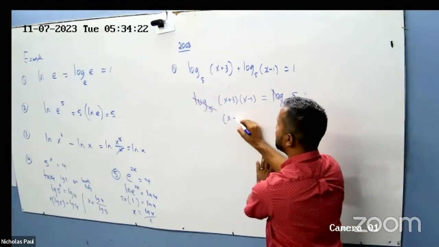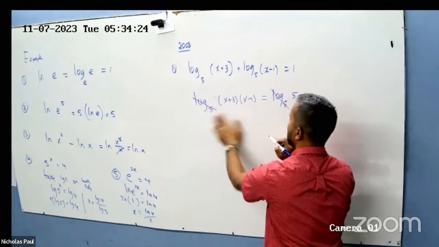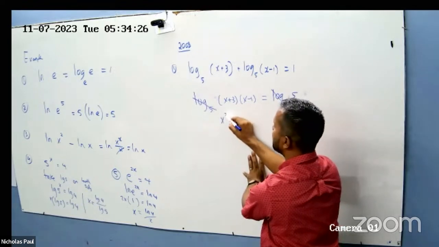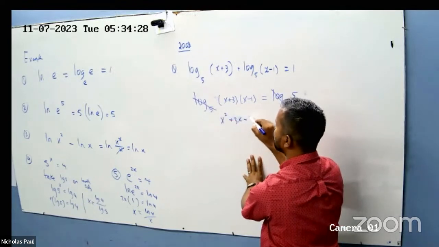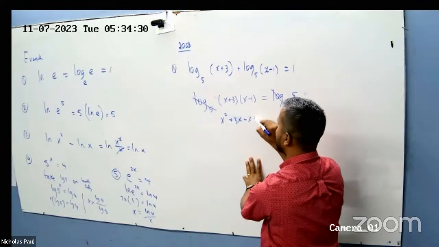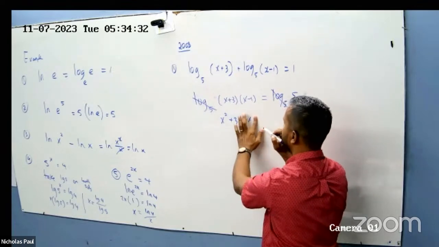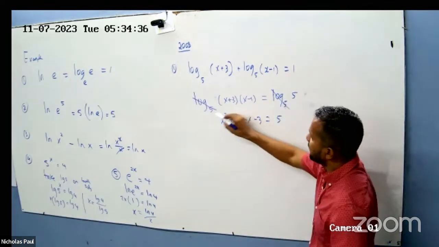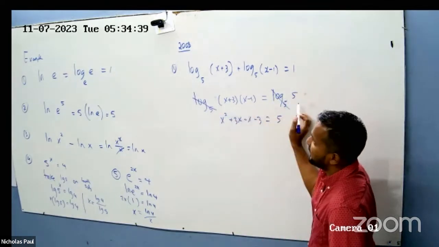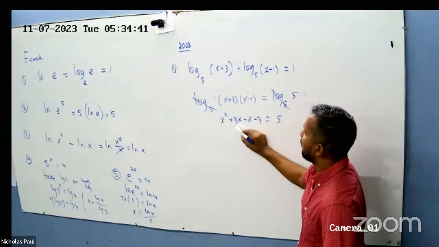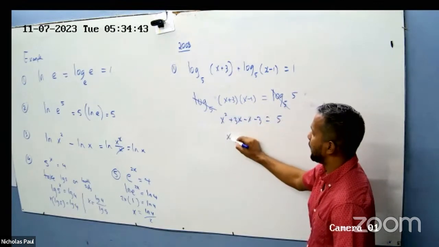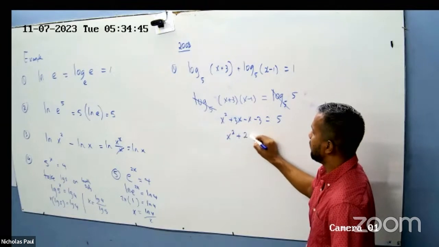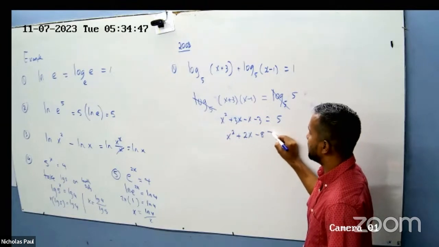And then you will expand this out. X squared plus 3x minus x minus 3 is equal to 5. Right? So look what I did. I made sure that the same log and cancel off. And then we get a nice little quadratic that's x squared plus 2x minus 8 is 0.